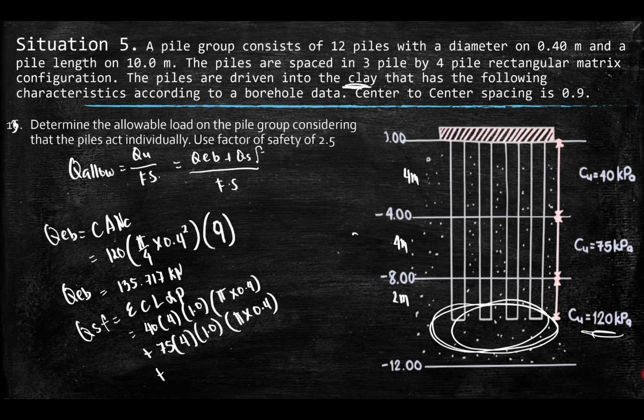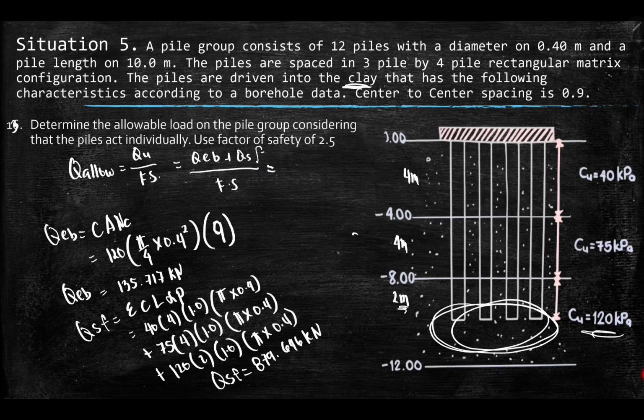Next, for soil layer 3, we have cohesion of 120, a length of 2, an alpha factor of 1, and the perimeter, which is pi times the diameter. So, ang makukuha niyong Q_SF dyan should be equal to 879.646 kilonewton. Okay?